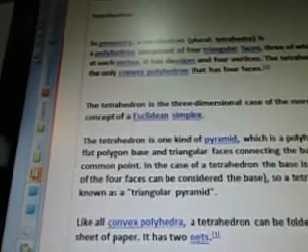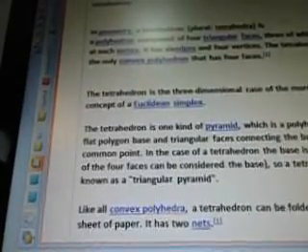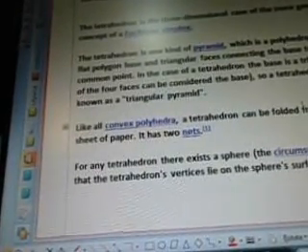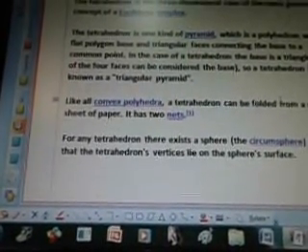The tetrahedron is the only convex polyhedron that has 4 faces. It is the 3-dimensional case of the more general concept of Euclidean simplex. The tetrahedron is one kind of pyramid, which is a polyhedron with a flat polygon base and triangular faces connecting the base to a common point. In the case of a tetrahedron, the base is a triangle.